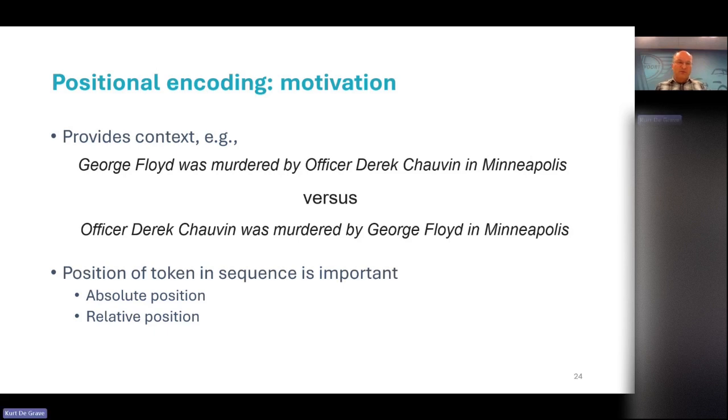But the same words in another order have an incorrect meaning. So clearly, we must tell the model where each token is versus each other token. We can encode that in absolute position, or we can tell the model the relative position of each token.